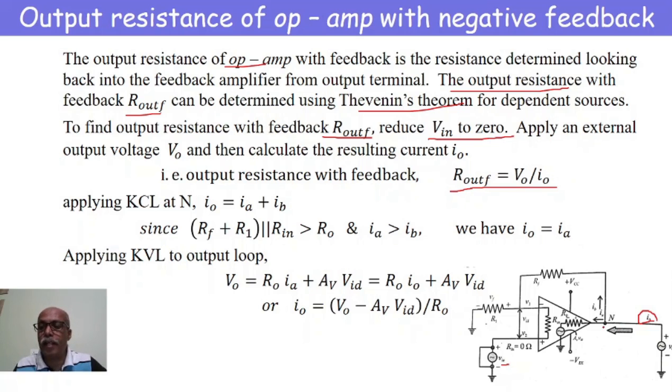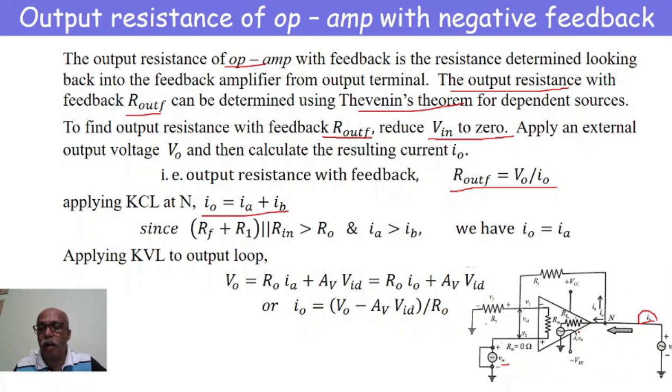If you apply Kirchhoff's current law at this point N, I naught is equal to IA flowing in this direction and IB flowing in the vertical direction. Therefore, I naught equals IA plus IB.